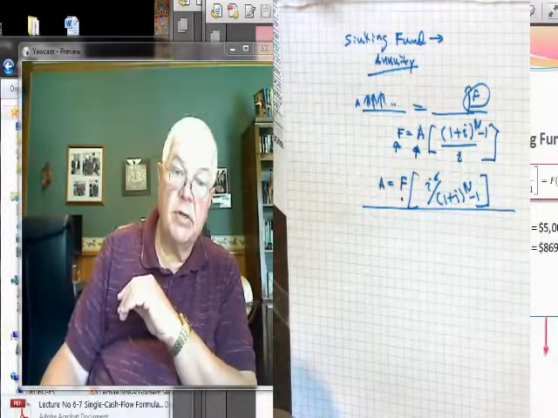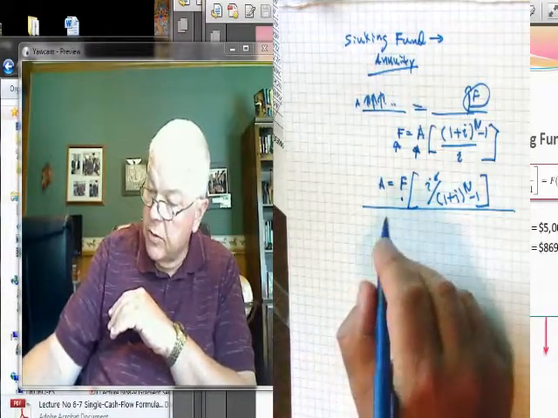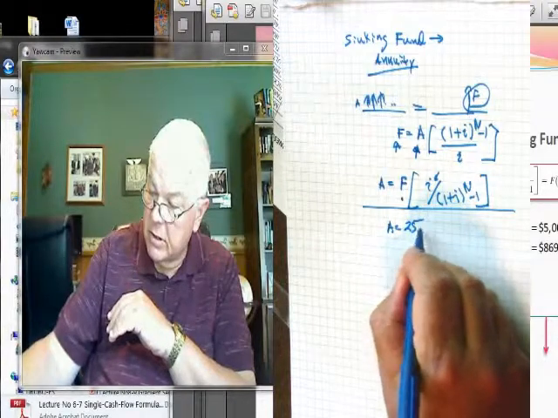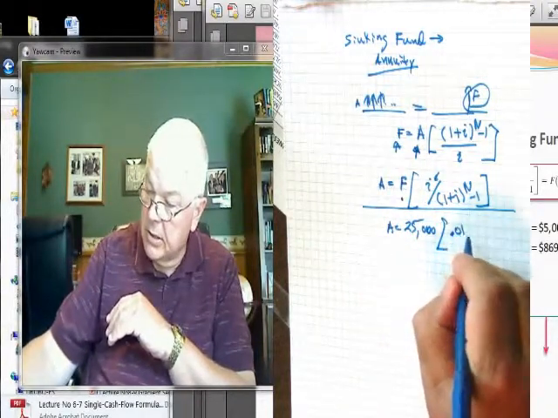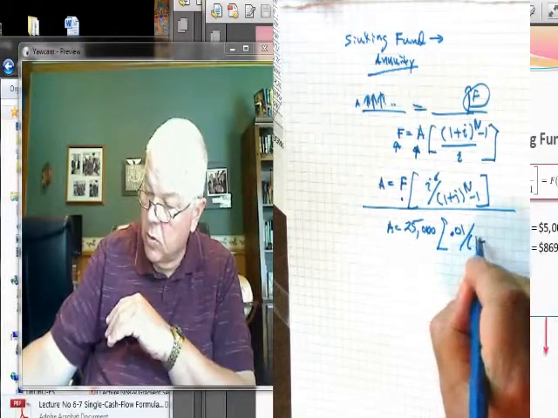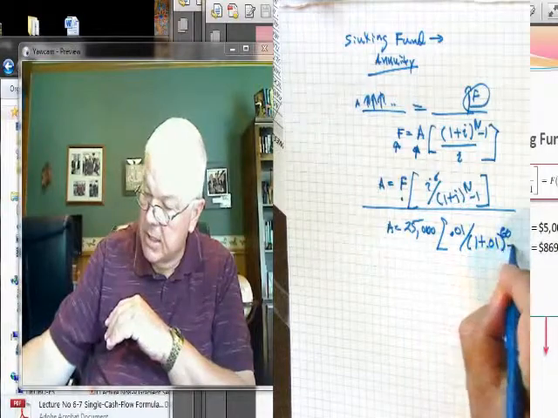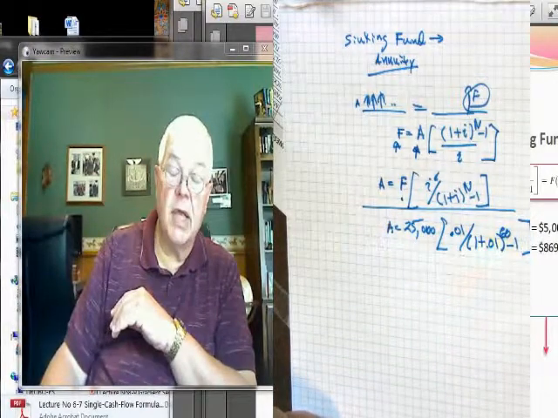So in 5 years, monthly compounding is 60 periods. So I would say the annuity is equal to 25,000 times the interest of 0.01, divided by 1 plus 0.01 to the 60th power minus 1. That's how much I have to save every month so that in 5 years, I have the cash to buy the car.